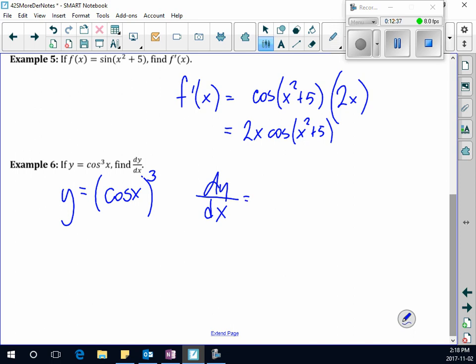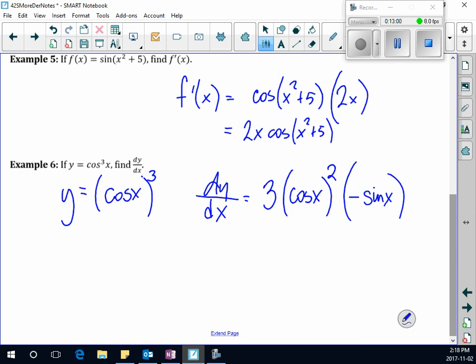Probably, yeah. So does everybody see this is 3 (cos x) to the power 2 times the derivative of cos x, which would be minus sine x. Now watch, though, if you don't have a bracket and you put a minus there, it'll mean subtraction, so watch that.